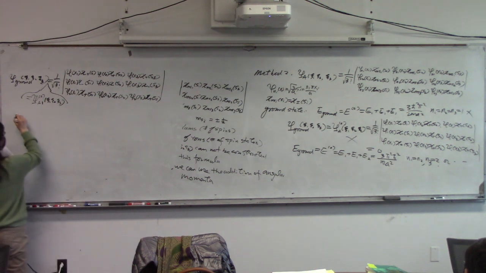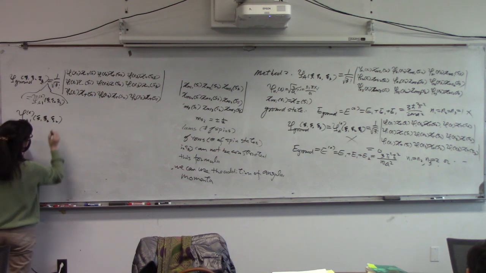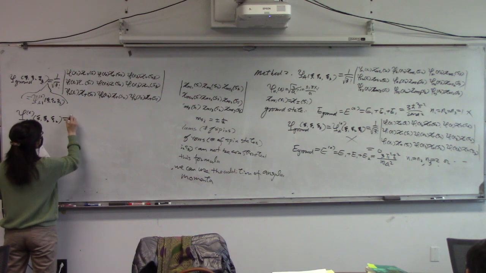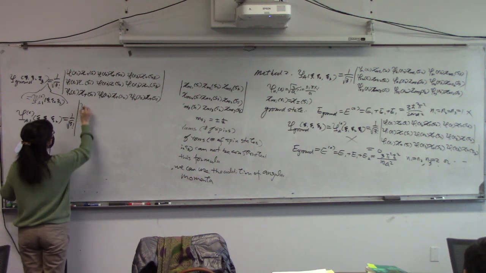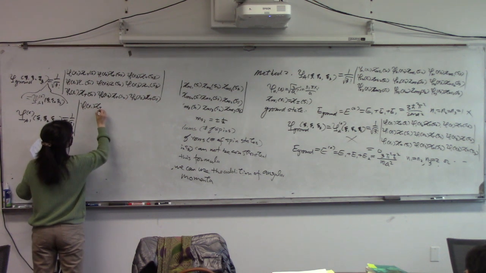Then I have another one where I take minus. So you will see the ground state is actually 2-fold degenerate, right? Same thing here. The spatial function is the same, but the spin is different.